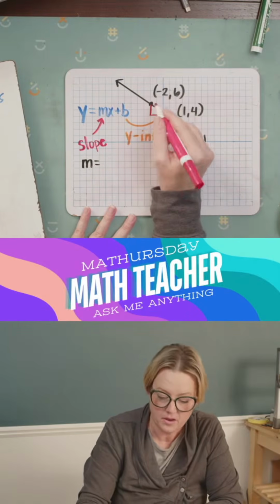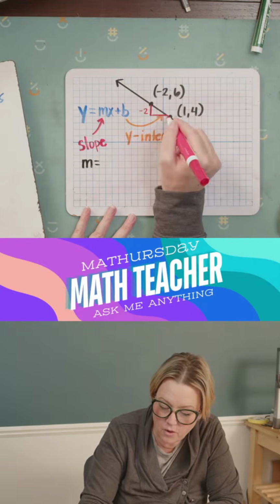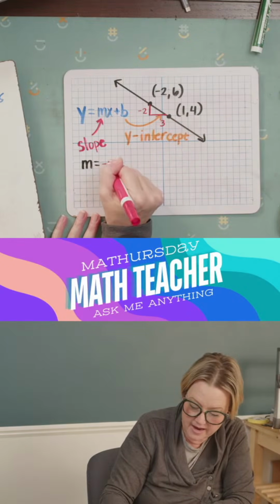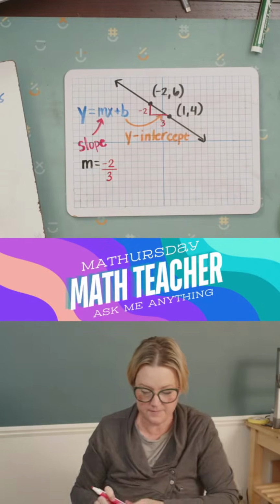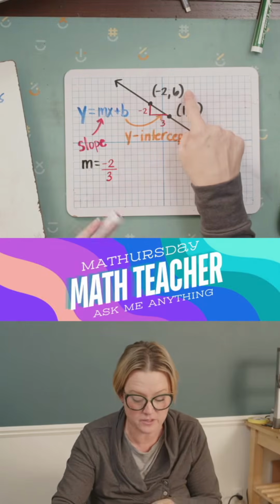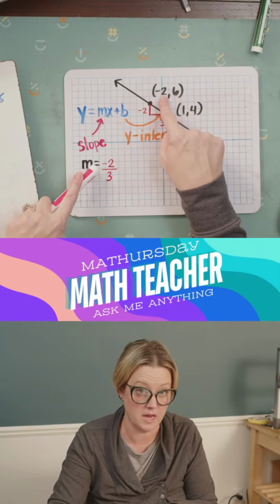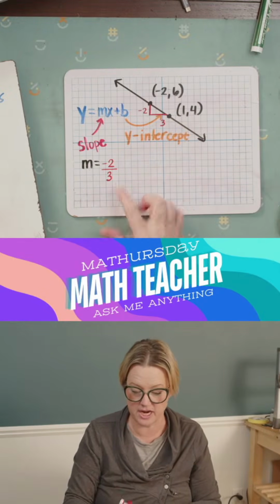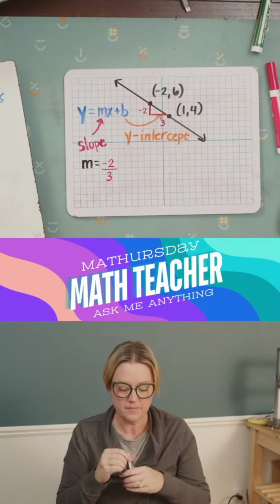So I'm going down 2, and over 3. So my slope is -2 over 3. I could also do this by doing 4 minus 6, which is -2, and 1 minus -2, which is 3. So slope is the change in y over the change in x. There's my slope.